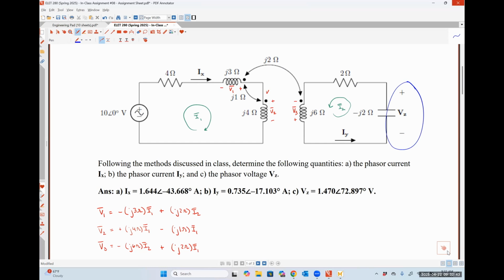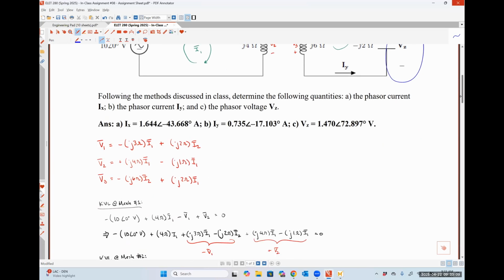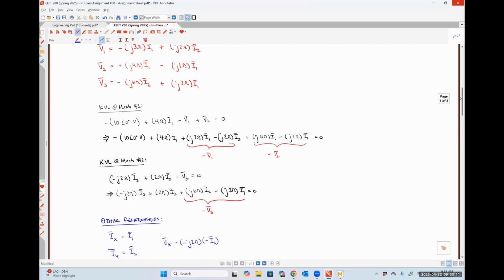Let's see, then I've got J2 ohms, which is my mutual inductance, times the current I1 that's flowing through the coupled J3 ohm coil. The positive polarity terminal is at the undotted side of the J6 ohm, and the current I1 is flowing into the undotted terminal. So it looks like I got all of those voltages right. Now let's double check those substitutions, okay?